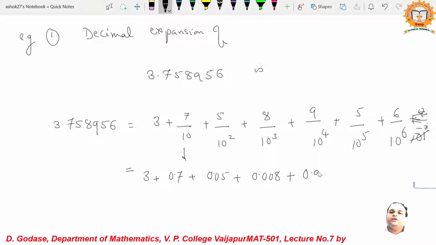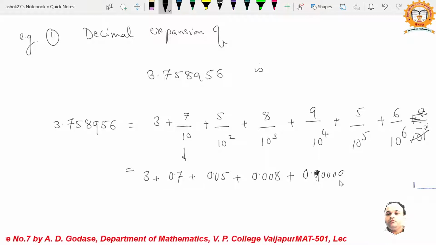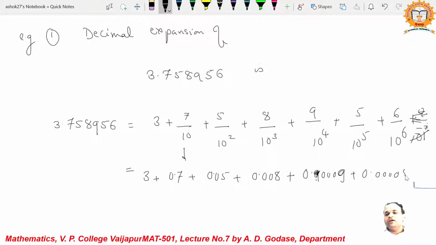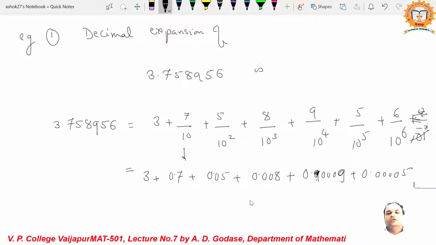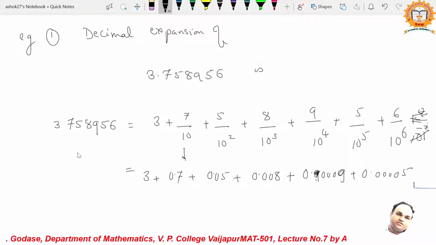It is 0.0009, plus what is next? It will be 0.00005, plus 0.000006. If you add these numbers, you will get this number.